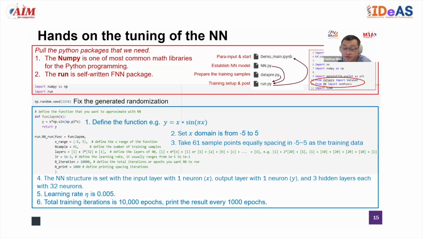The total number of training points that we sample from the function is 61. Then we define an NN consisting of 3 layers, and each layer consists of 32 neurons. We set the learning rate to 5 times 10 to the power of -3, and we let the training run for 10,000 iterations and output every 1,000 iterations.